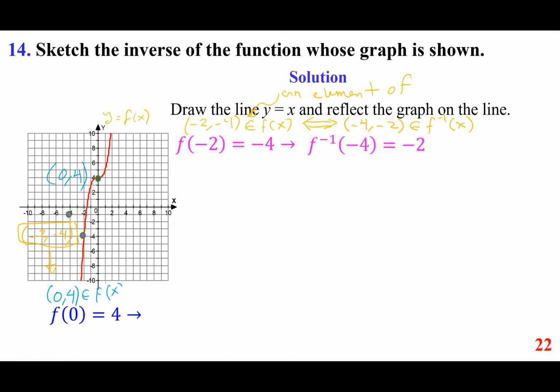Therefore, 4, 0 must belong to the inverse function f inverse of x, which means f inverse of 4 must be 0. And you can pick more points if need be. So any pair you pick on the f, you just interchange x and y. That's a pair on the graph of its inverse.